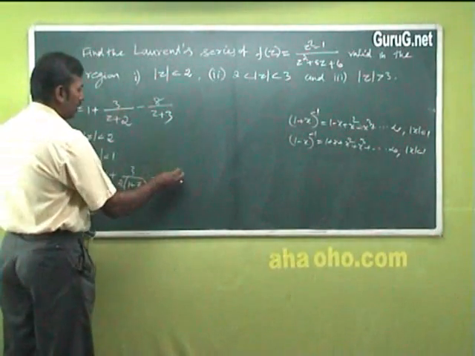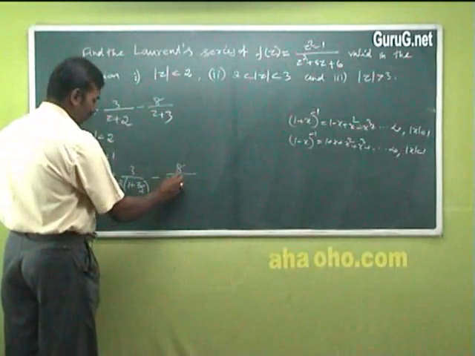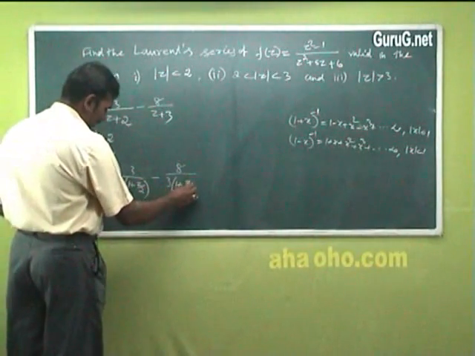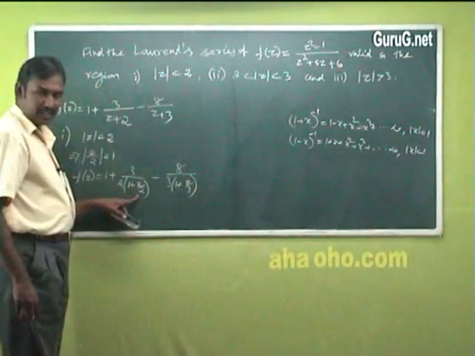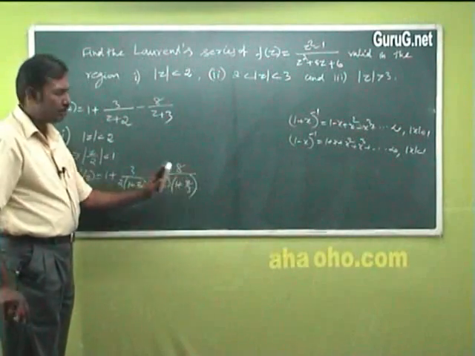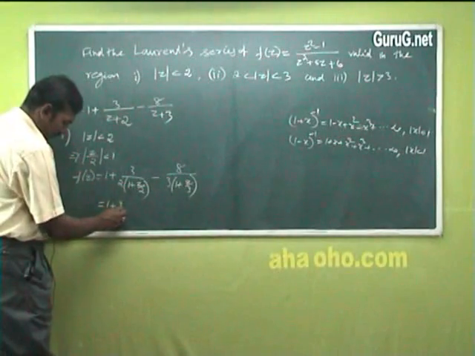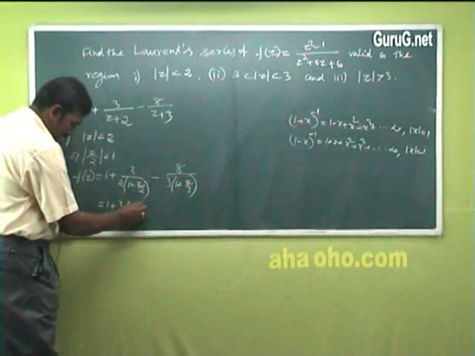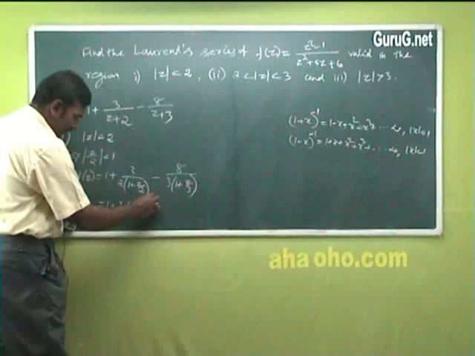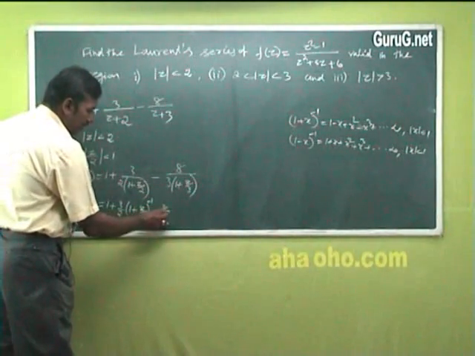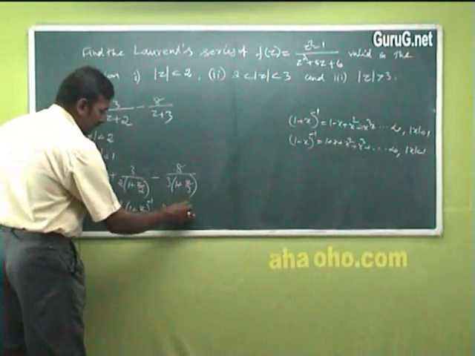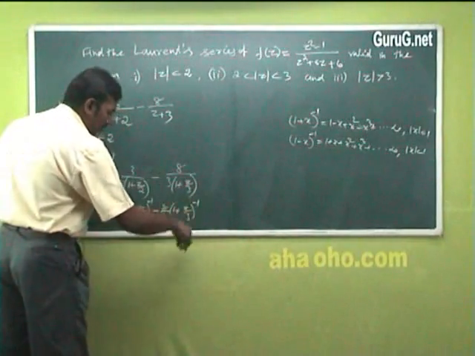Then here I can take 3 outside, 1 plus z by 3. So z by 2 is less than 1, obviously z by 3 is also less than 1, right? So 1 plus 3 by 2, 1 plus z by 2 whole to the power minus 1, minus 8 by 3, 1 plus z by 3 whole to the power minus 1.